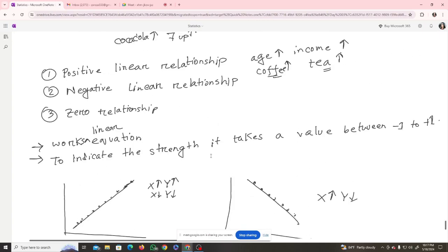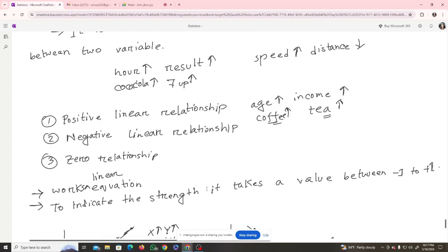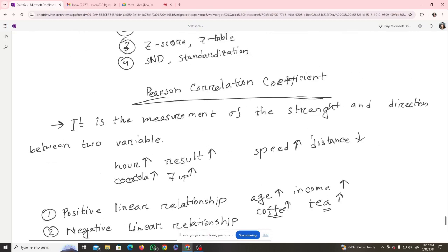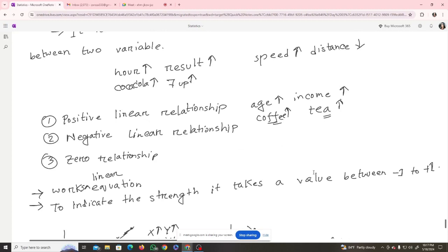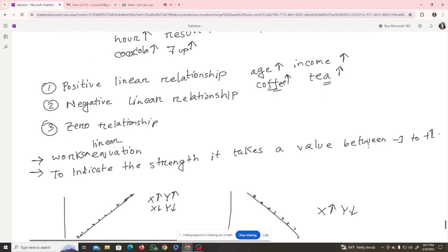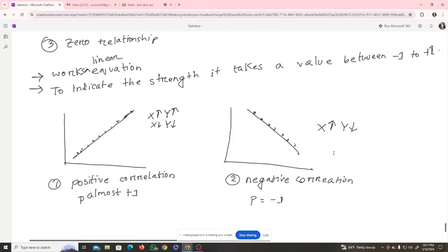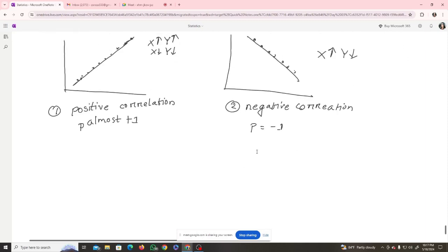Just like I told you, in Pearson correlation you will find your value between -1 and +1, and by this range you will understand the magnitude between your two variables. For this reason, we have -1 to +1 to understand the relationship, the magnitude or the strength between two variables.